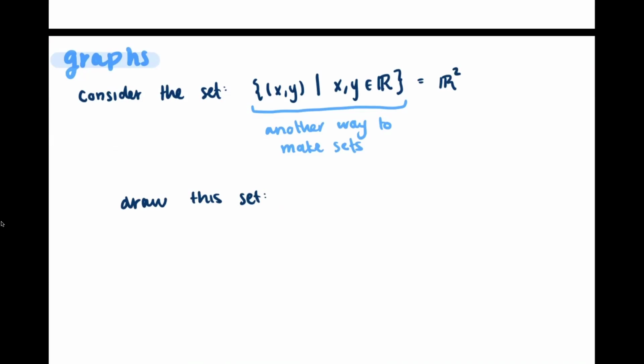What I'm going to do is, let's forget about y for a second. I know how to draw a picture of just one real number, right? Just an x. So we have the real number line. This is the set of x's.